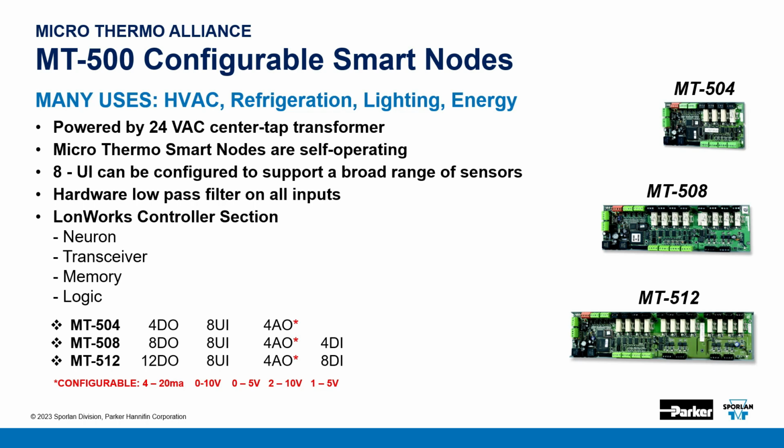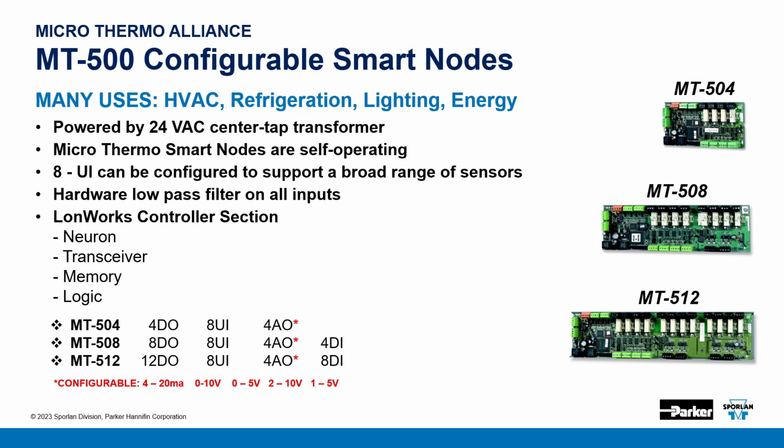They're powered by a 24-volt center tap transformer. The microthermal smart nodes are self-operating. What does that mean? That means they do need to be connected to the network, and you program and configure them through the HMI, the human machine interface.